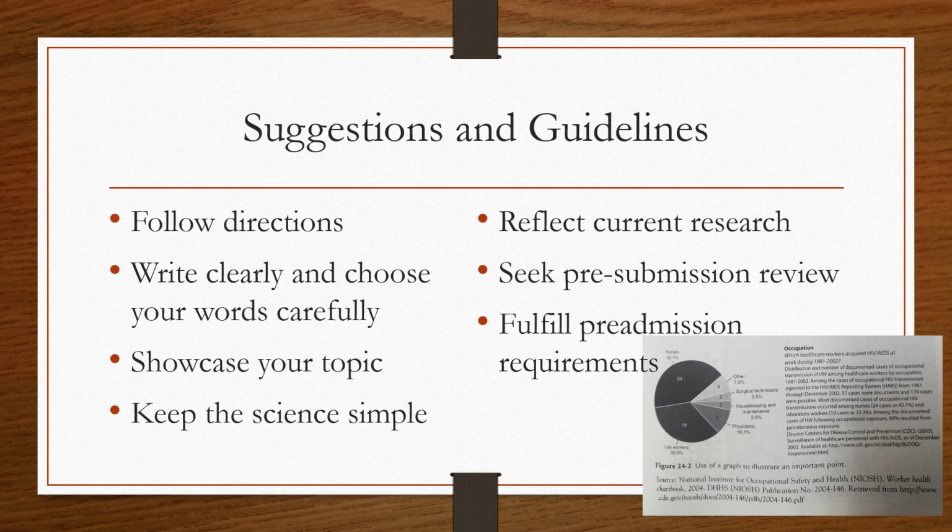The researcher also must include current research to show that the researcher is knowledgeable on that topic. A good idea is to submit a draft to an experienced researcher to gain feedback on mistakes that can cause rejection.